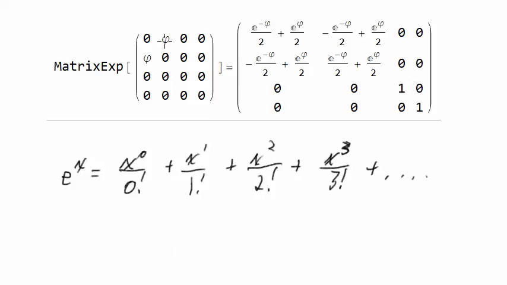So there's a good reason that these e to the power of things are coming up in here, because that is exactly what this thing is doing, except it's doing matrix multiplications for each of these. And this 1 and this 1 comes from this term here, because x to the 0 is the identity matrix.